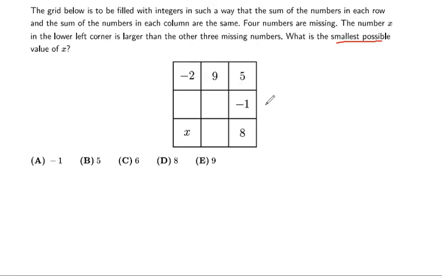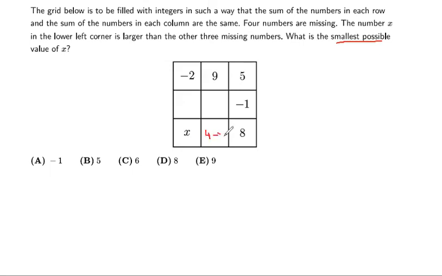We'd like to give a variable to each missing part in a way that we don't have to make another variable. We don't want to make too many variables. These three add up to 12 as well, right? So if this is 8, this is going to be 4 minus x.